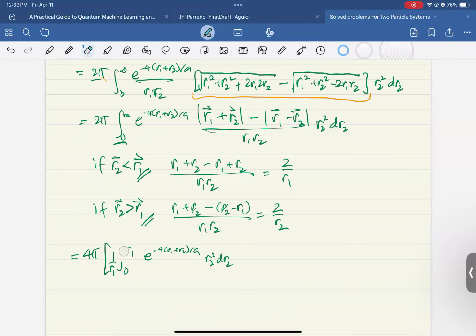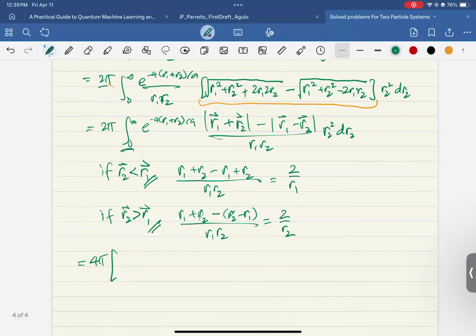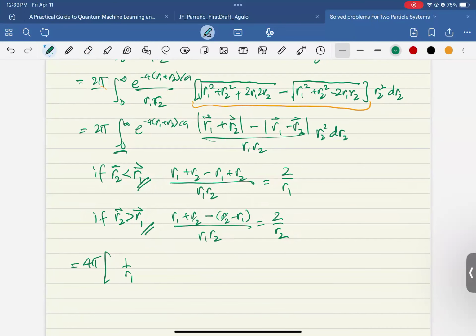So, sulat ko lang na maayos. So 1 over R1, integral from 0 to R1 ng R2 squared exponential minus 4 R1 plus R2 over A. And then dr2. Okay, so yan yung first integral.